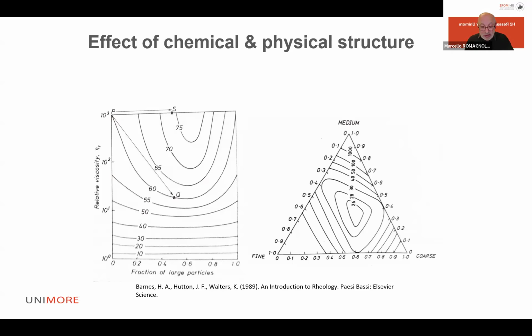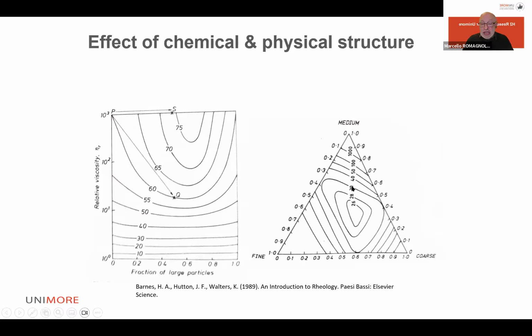This is quite simple, but if the distribution becomes too narrow, the particles can pack tightly together. We have less free water, and so obtain higher viscosity.